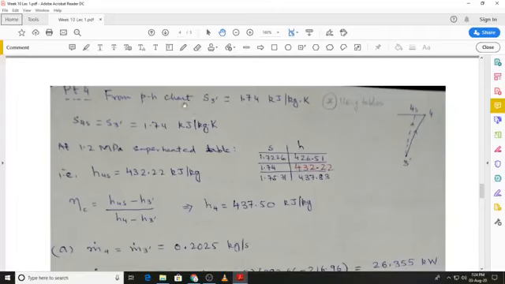So from the pH chart you can see that I have found out the value of the specific entropy at state point 3 prime, which is 1.74 kilojoule per kilogram Kelvin. And once we have got the solution, I will also show you how we can find out the value of the specific entropy by using tables. So that will be done once we have gone through the solution. I'll do that or show that to you later on.